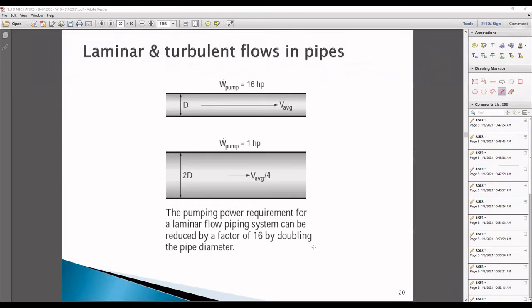The pumping power requirement for a laminar flow piping system can be reduced by a factor of 16 by doubling the pipe diameter, as shown here.